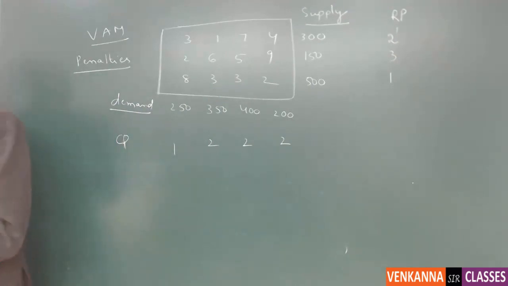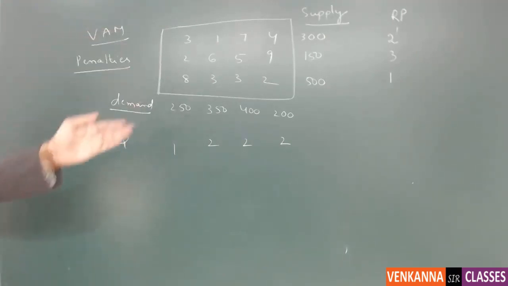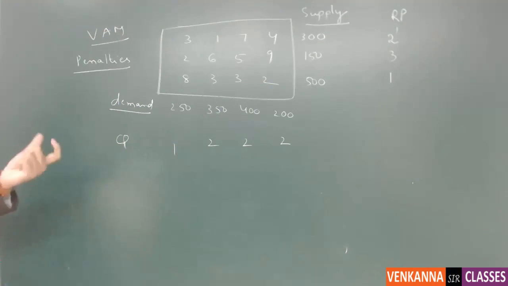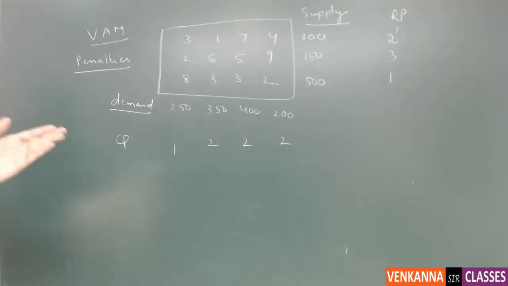Occasionally a tie situation will happen, where some penalties are equal. After calculating all these penalties, we go with the maximum penalty. Among all of them, what is the maximum penalty, on the whole, across rows and columns?